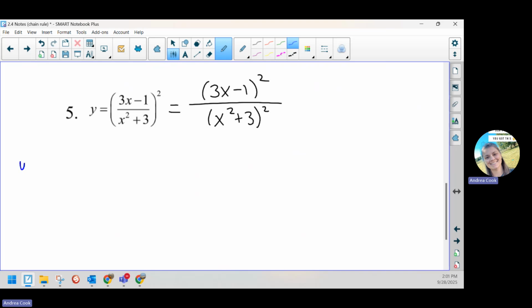So again, we're going to do low d high minus high d low all over low low.